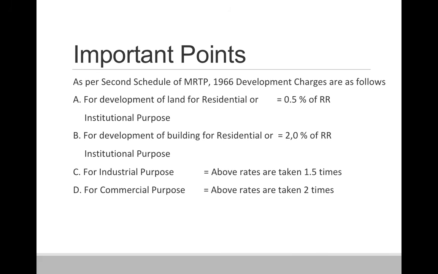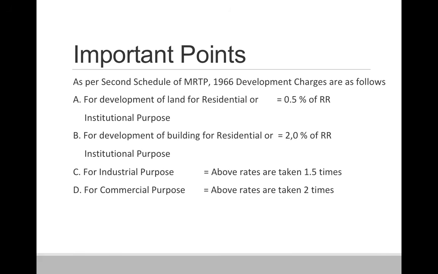Then there are a few important points. As per the second schedule of MRTP 1966, development charges are as follows. For development of land for residential or institutional purpose, it is 0.5% of the ready reckoner rate.